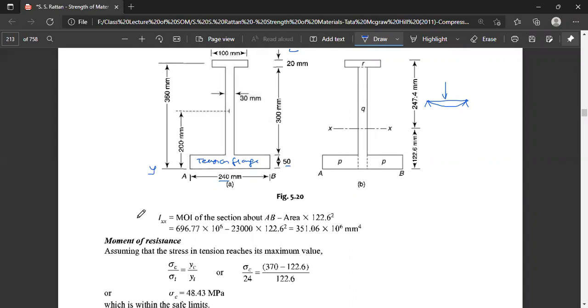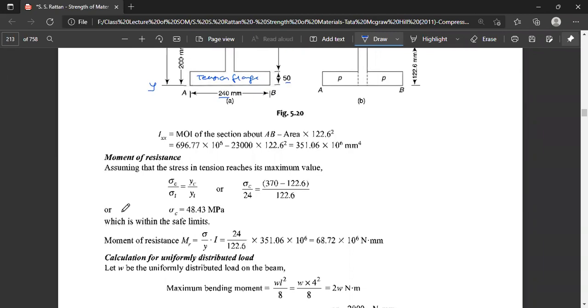Now, the stress: we know the maximum allowable stress in tension as well as compression. So the stress in tension reaches its maximum value. Sigma C divided by 24 is the distance YC, 350 minus 120 divided by IC.